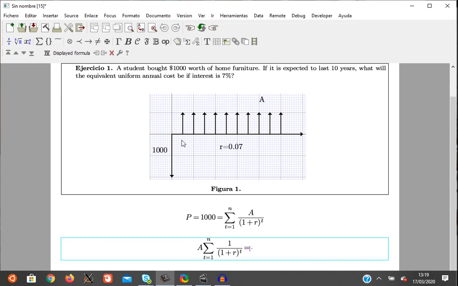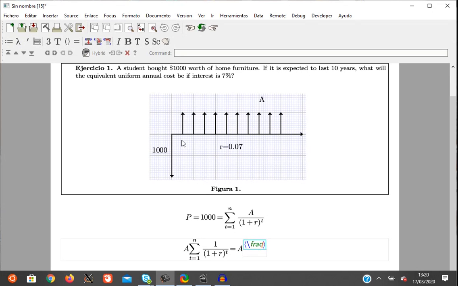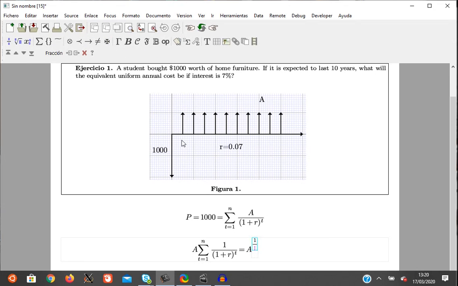So this is equivalent to 1 over 1 plus r up to n times the last term times 1 over 1 plus r. Okay, and this has to be divided by 1 minus the rate, that is again 1 over 1 plus r.